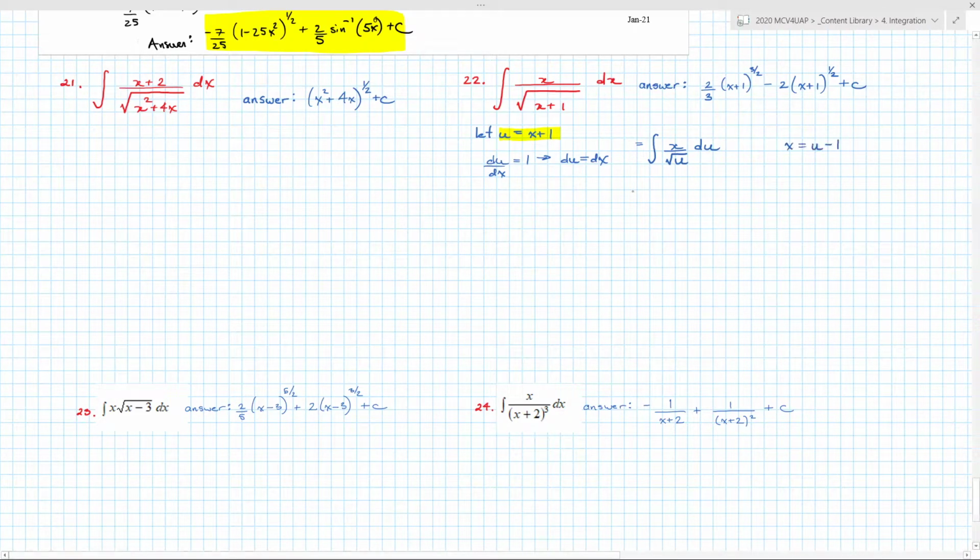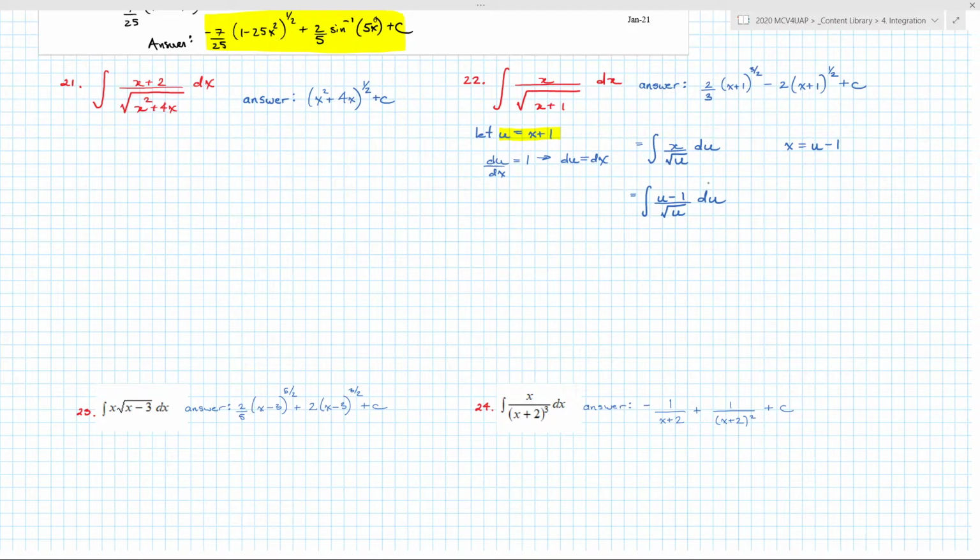And so the integral then becomes the integral of u minus 1 divided by the square root of u du, which you should be able to evaluate.